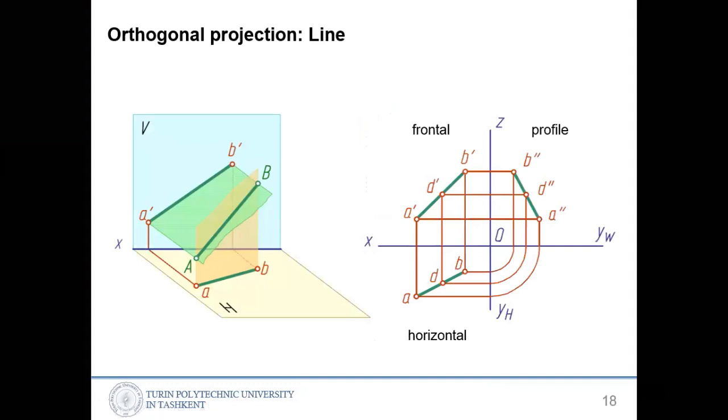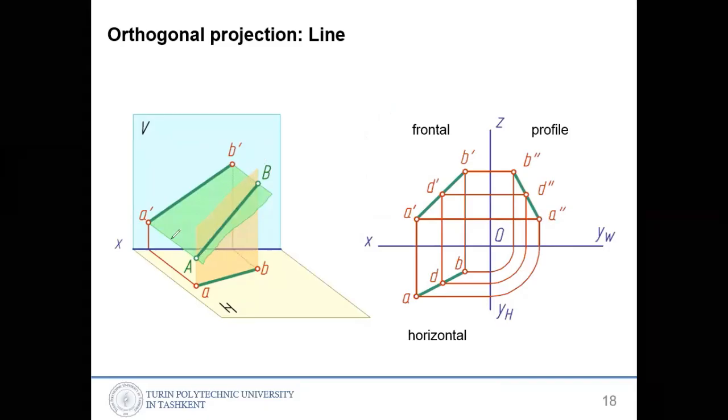If we are able to project a point, we can generate a line also. The line consists of 2 points at two ends, right? So from the 2 points, if you generate their projections on the planes, you can generate the line projections also. Here in this slide, the line projection is shown. Line AB is given in the space.